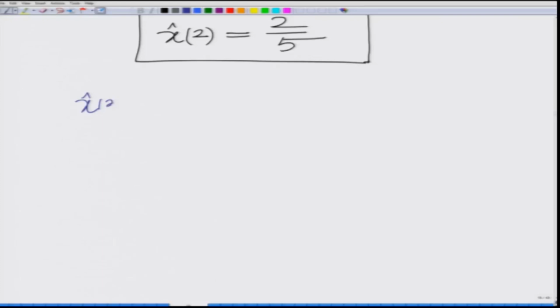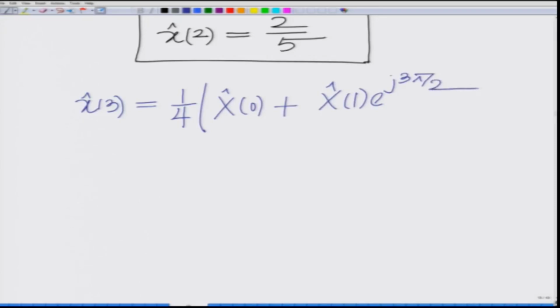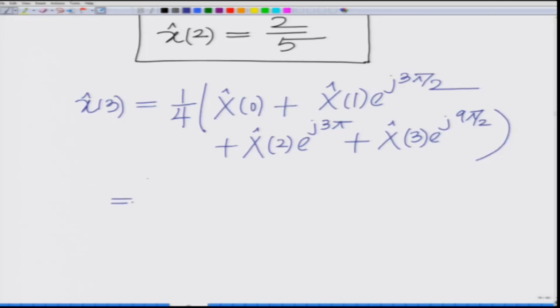Small x hat of 3, which is the estimate of the time domain symbol small x of 3, is 1 over 4 times capital X hat of 0 plus capital X hat of 1 e power j 3 pi by 2 plus capital X hat of 2 e power j 3 pi plus capital X hat of 3 e power j 9 pi by 2, which is equal to 1 over 4 times capital X hat of 0 minus j capital X hat of 1 plus j capital X hat of 3.